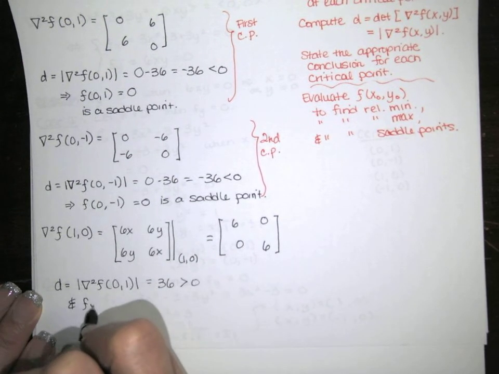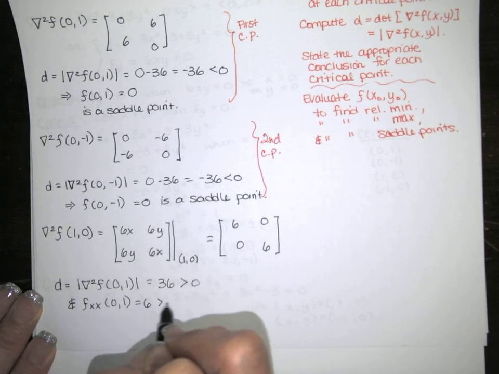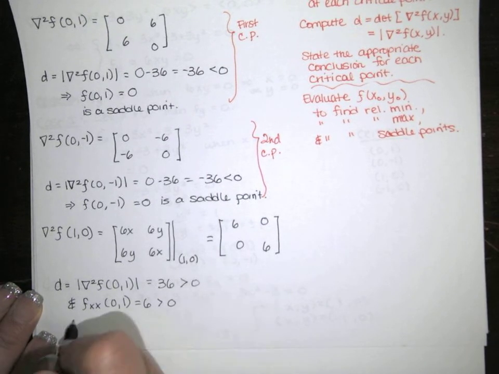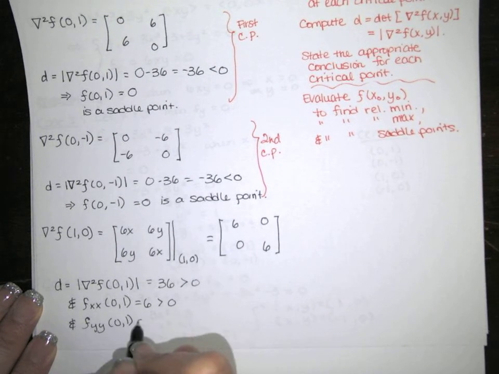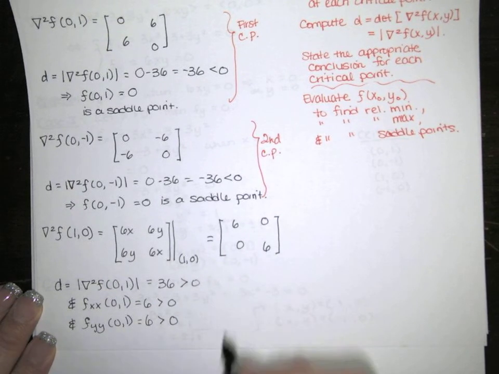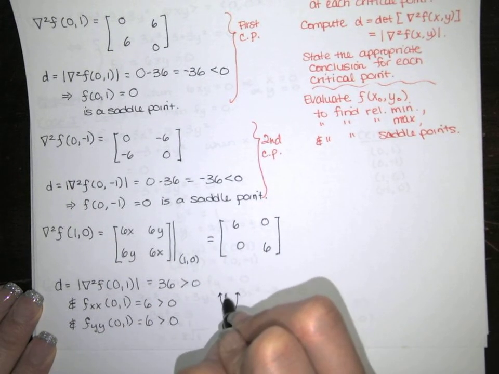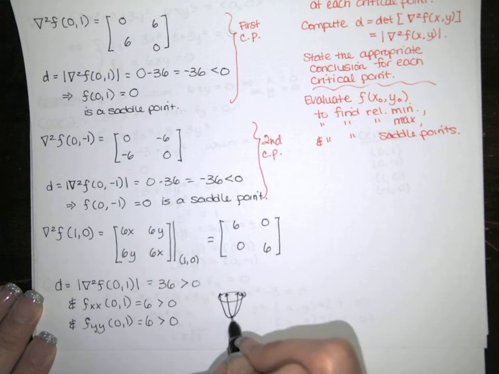And the second partial with respect to x at that point, that's 6, which is positive. So it's concave up in the x direction. And if it's concave up in the x direction and D is positive, then it's also concave up in the y direction. And this number here confirms that. It's concave up in the x direction, concave up in the y direction. So that means we're going to be at a relative min.